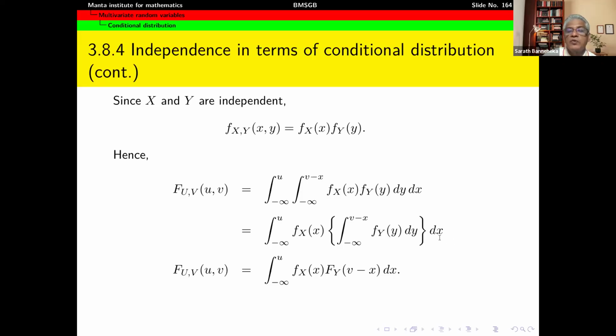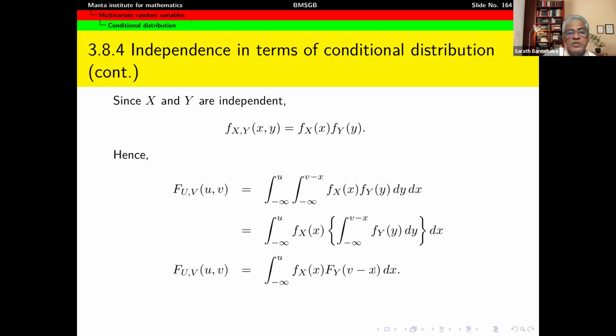And then, of course, dx will come after that. But if you look at this one, by definition, this is the cumulative distribution function of capital Y evaluated at this value here. We are integrating the marginal density from minus infinity to some value. So that will give you the cumulative distribution function of Y evaluated at this value here.